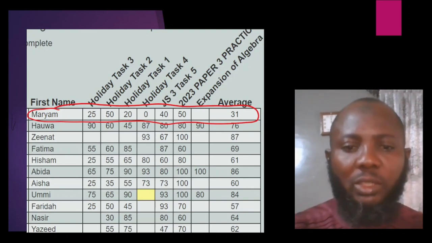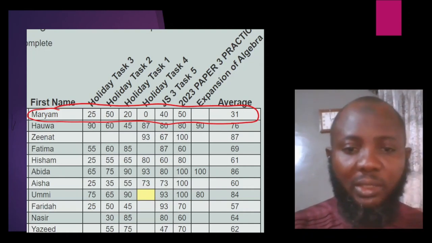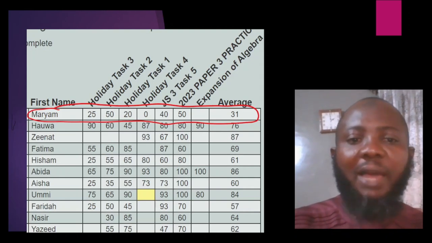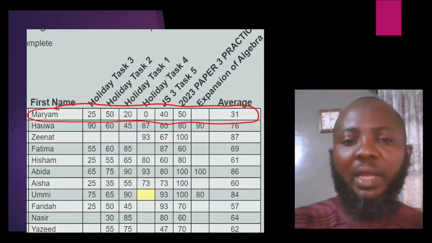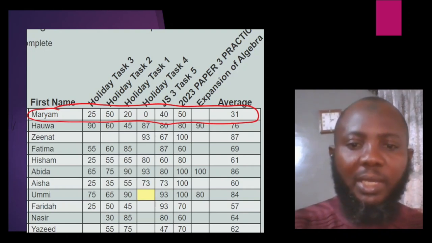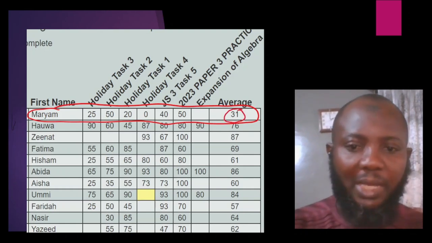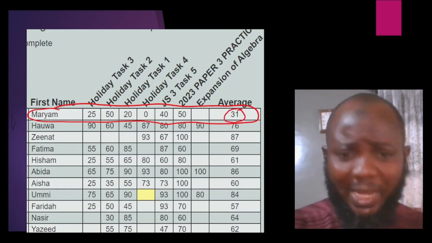We want to compare their scores, and we also want to compare their scores in various subjects or in various tests. For example, for Mariam, she has written about 6 tests, and on average, she scored 31%. So what does that mean?